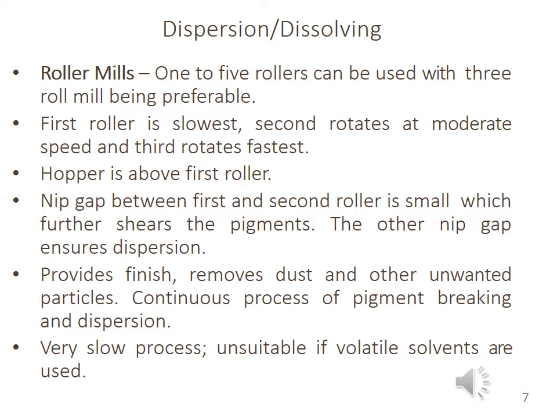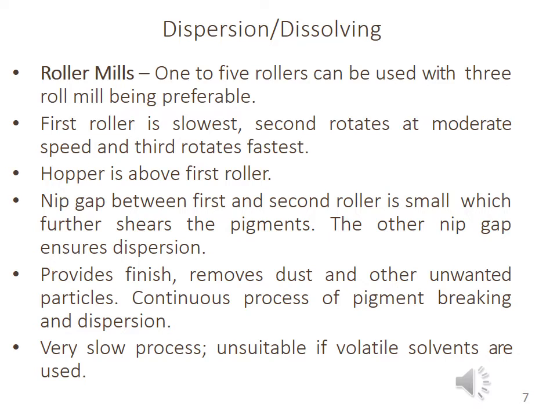So how can we use the roller mills? We can choose 3 roll mills with 1 to 5 rollers. The first roller is slowest, the second rotates at moderate speed and the third rotates fastest.